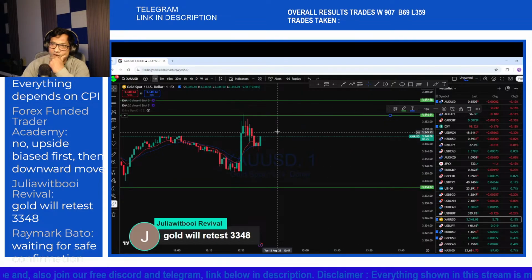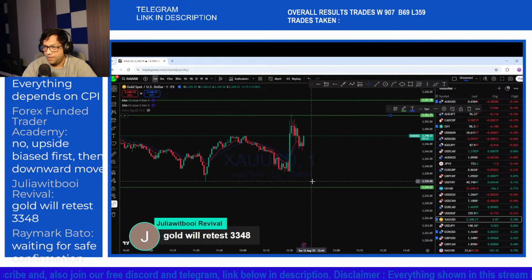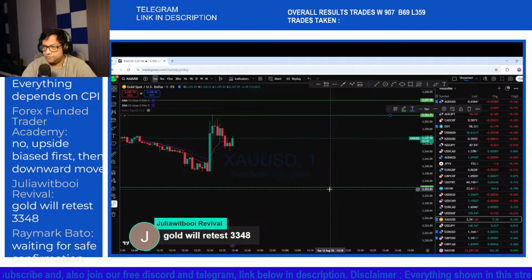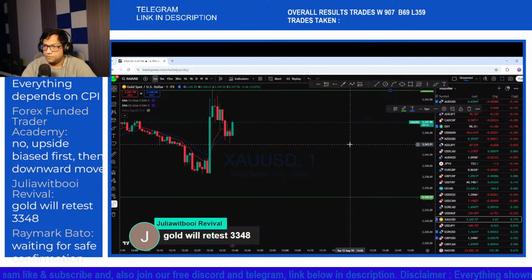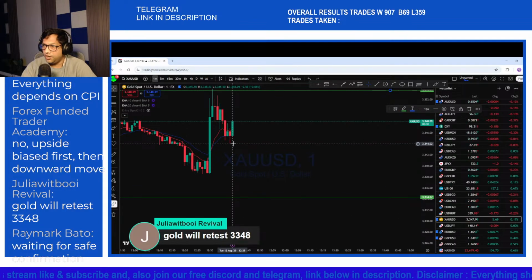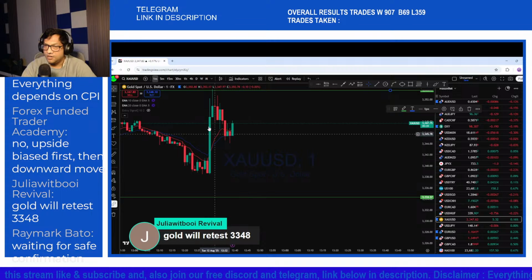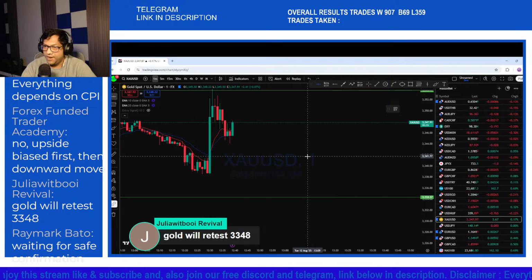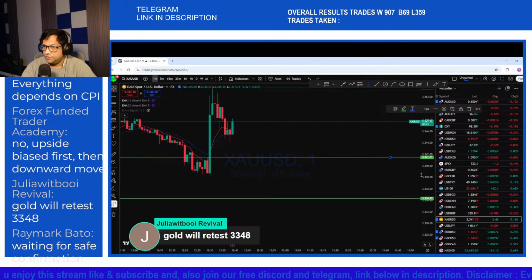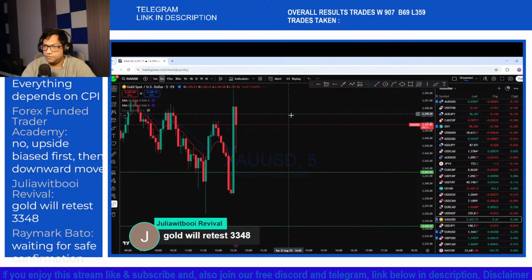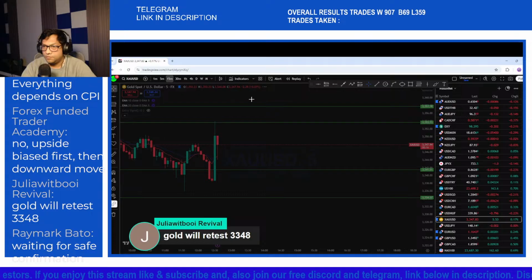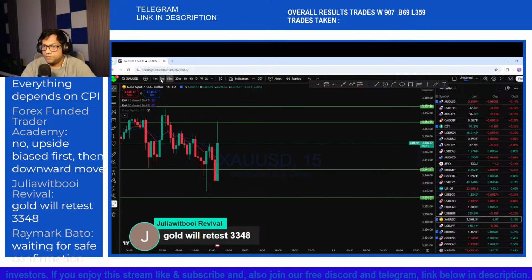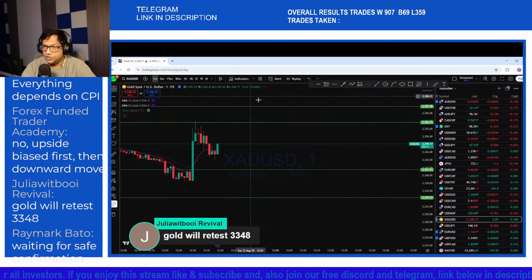Right here we might see a push back to the upside. If the market breaks this low here, 3344, we might see it potentially moving back down. Cool, that's where we could see that potential.